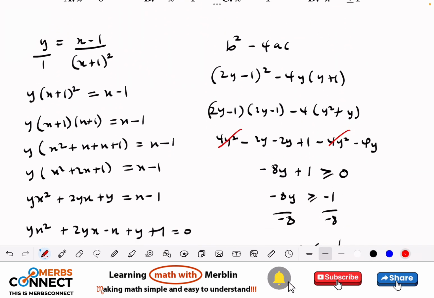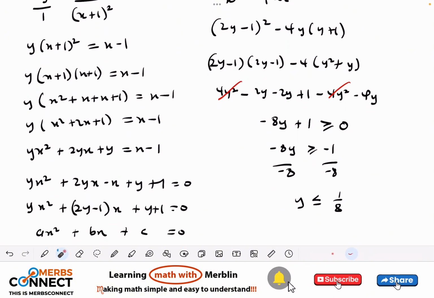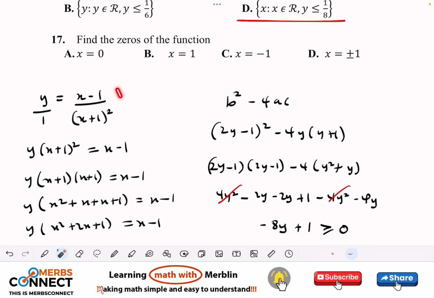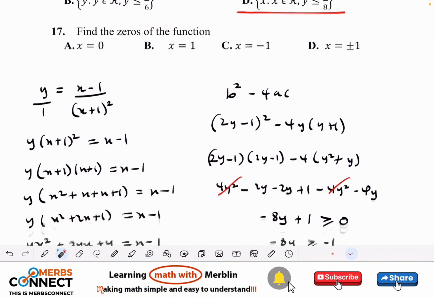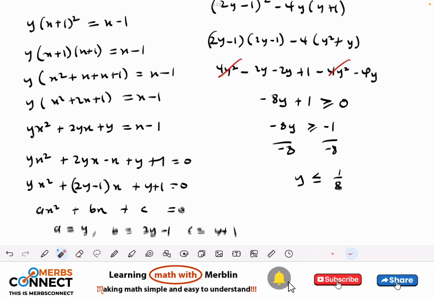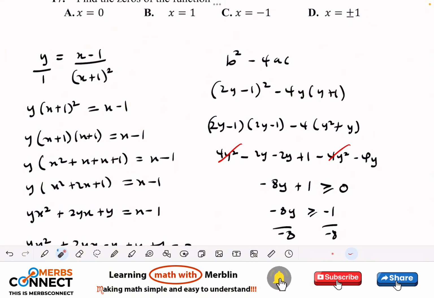So what did I do first? Because I wanted to use this discriminant, I just went through this by making sure that this is in the form of the quadratic, and then I just used the other one. Now somebody will ask, do you have any other way of doing this? Yes, we have a lot of ways of doing this. Another way that I can do this is, here I can make y the subject by interchanging. So here I can interchange x and y and then solve.